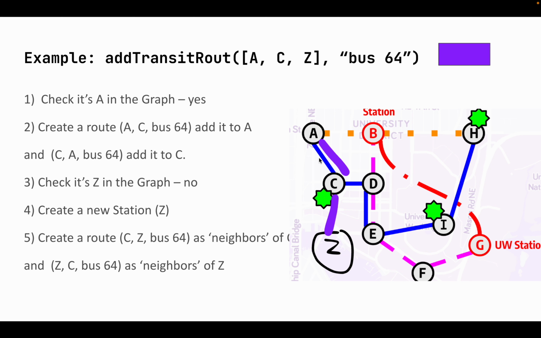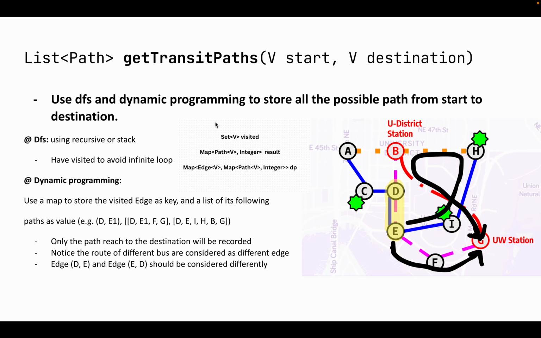Then we check if Z is not in the graph, we initialize a new station Z and add it into the adjacent list. Then we create a road from C to Z and from Z to C to connect these two stations.